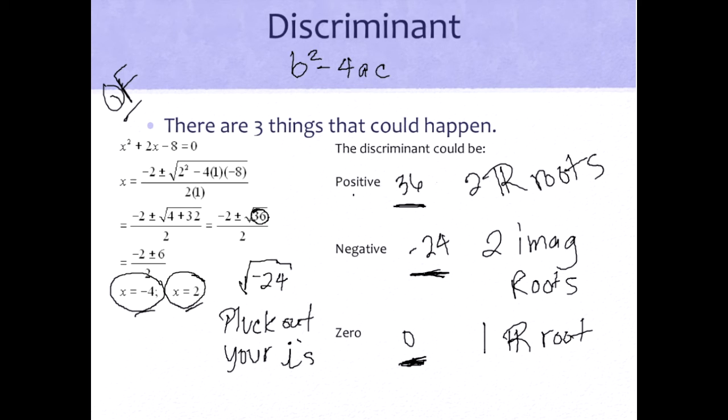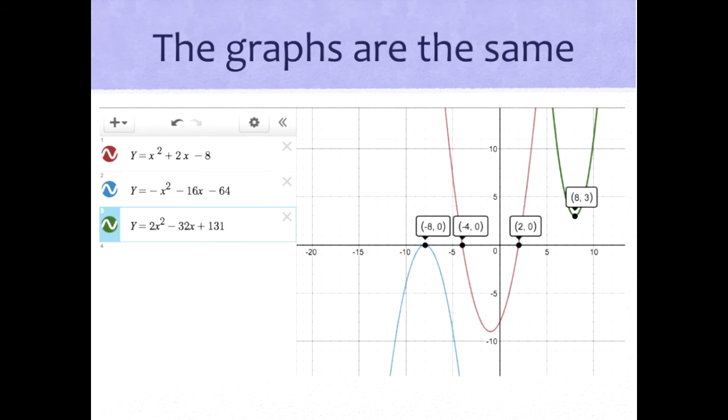There are 3 things that could happen. If your discriminant is positive, it is going to touch 2 times. If your discriminant is negative, it is not going to touch at all. If your discriminant is 0, it is going to touch 1 time. And then I also put these up here just to prove to you that when the equation is in standard form, you still get the same graphs.